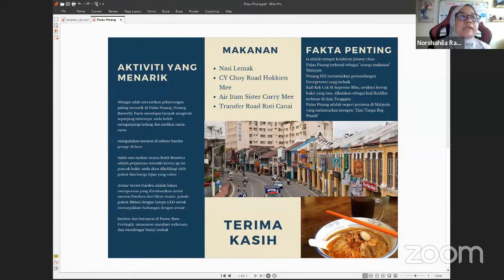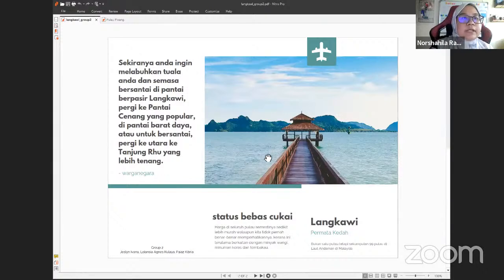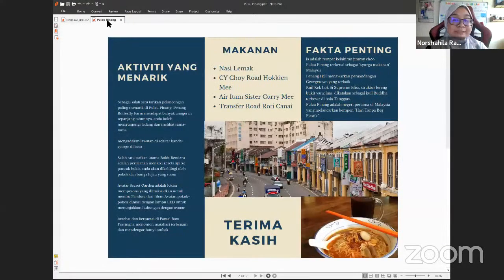I'm not sure whether they cover it here. I don't think they do. If you want to cover only one side of it, also can. So the creativity is up to you. It doesn't restrict you to one thing only.